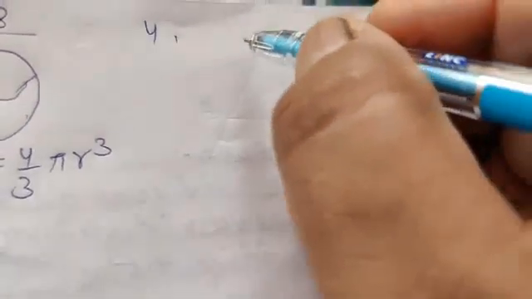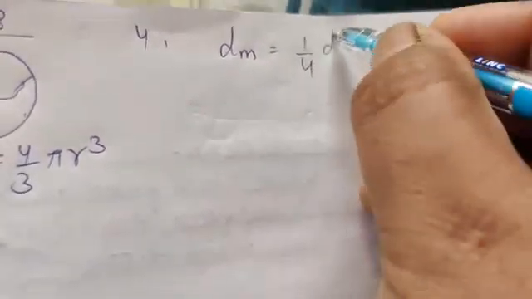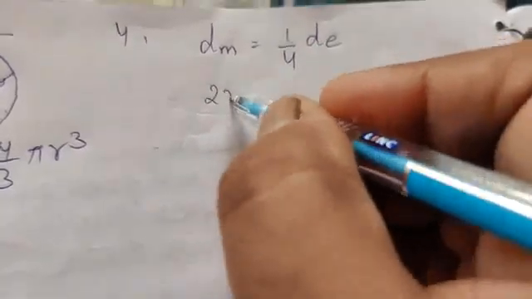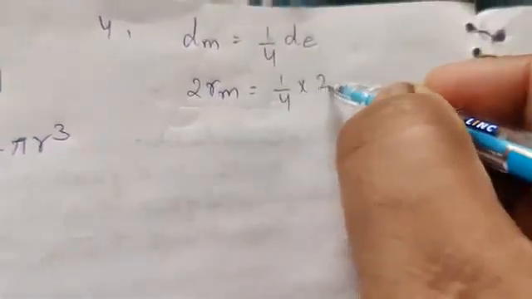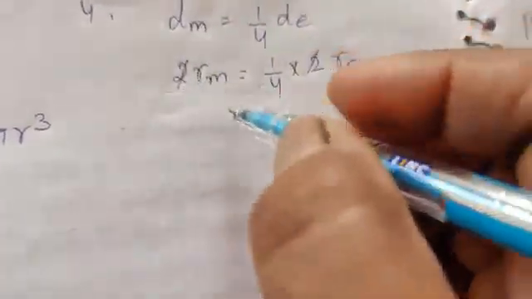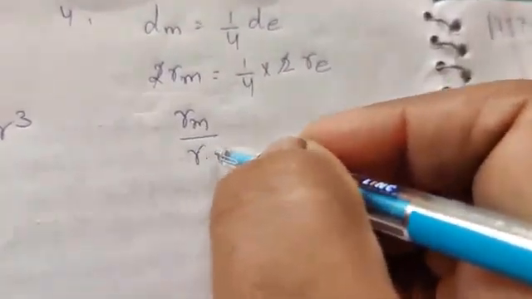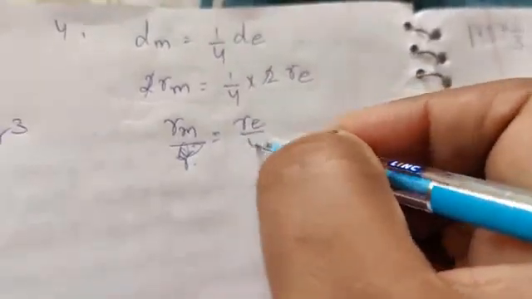What fraction of the volume of the earth is the volume of the moon? The diameter of the moon equal to 1/4 of the diameter of the earth. It means 2 times radius of moon equal to 1/4 into 2 times radius of earth. Now the relation between them: radius of moon equal to radius of the earth by 4.